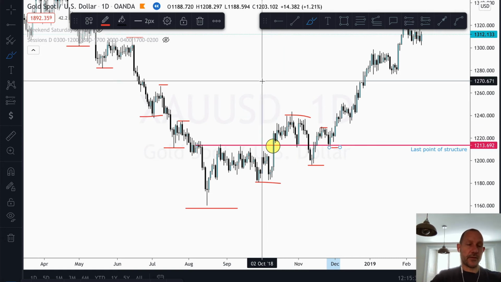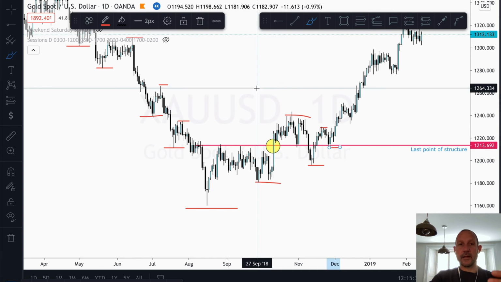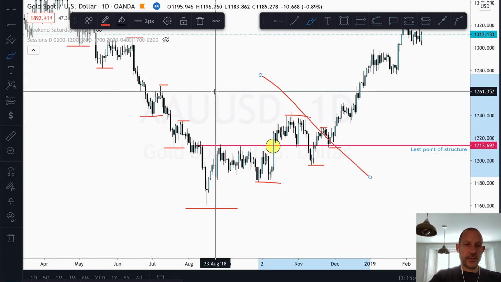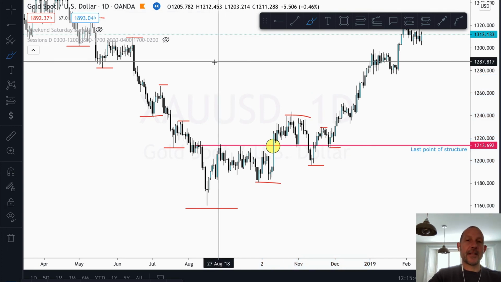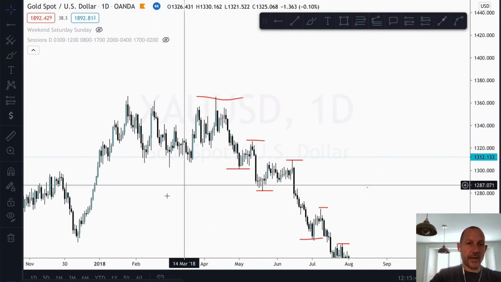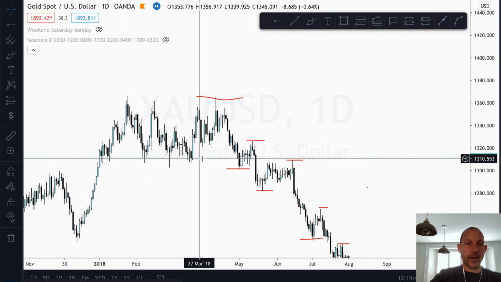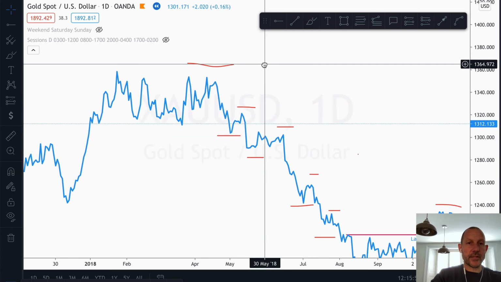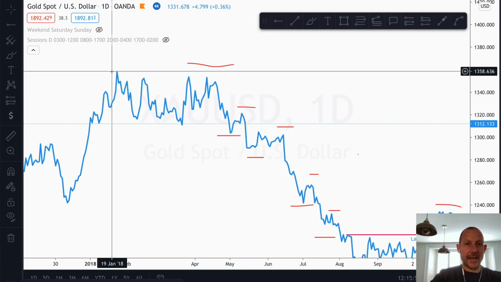And obviously, the same kind of applies. Let me just get rid of that a minute. The same applies in a bearish market. So here, as I say, you've got your break of structure point. If we just get the line chart up, just so you can see, our last swing high is probably here.